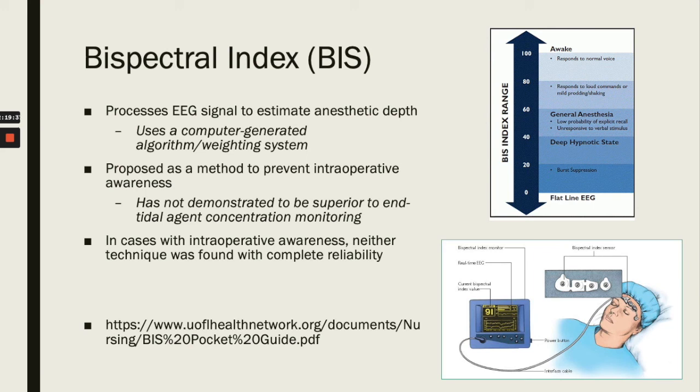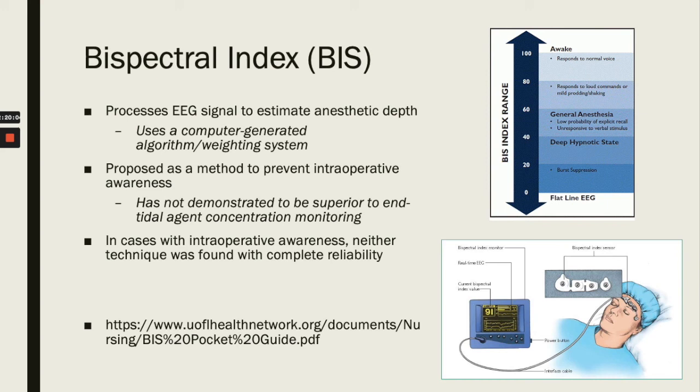Traditionally, we just monitor our end-tidal concentrations, and if we know that we're at a MAC or close to a MAC or a little bit over a MAC, we can generally predict that our patients won't have any intraoperative awareness. However, it's a prediction. It's not 100%, but in cases where there's intraoperative awareness, neither technique was found to be completely reliable. So there are problems with both.